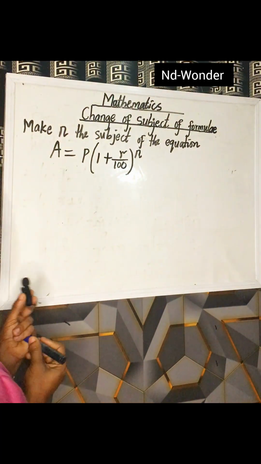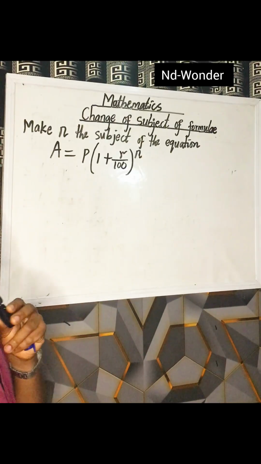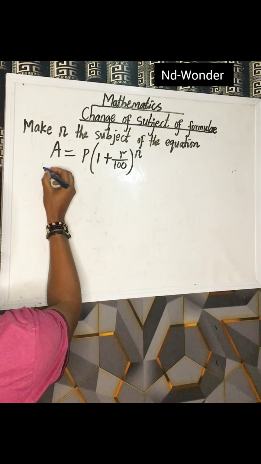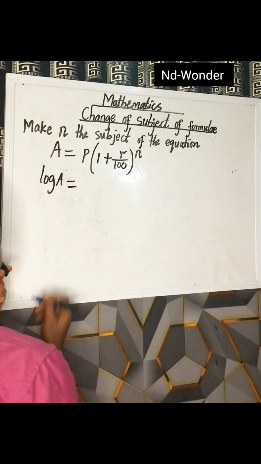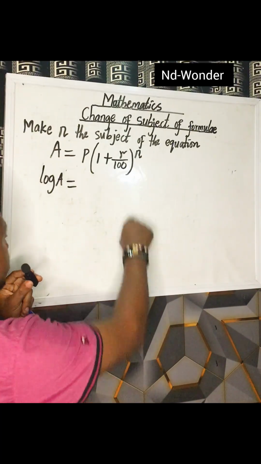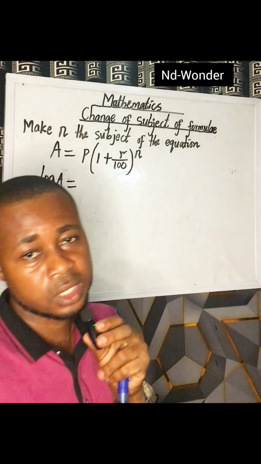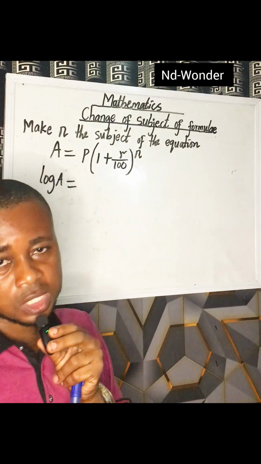If that happens, I'll quickly take the logarithm of both sides. So what I will have will be log A is equal to, if you look at this value, you discover that P multiplies the values you have in the bracket. But you know we are introducing log to both sides.